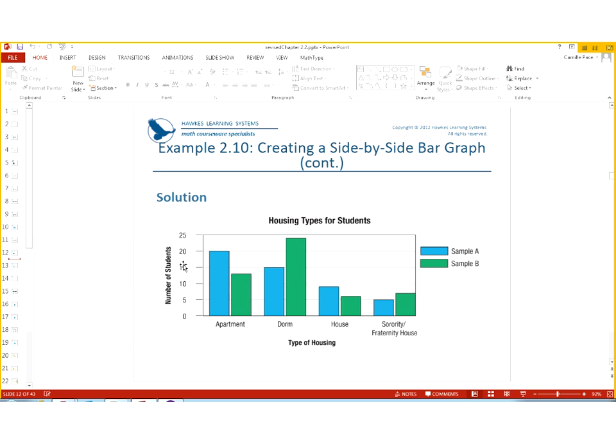Again, my x-axis is type of housing, and my y-axis is number of students. So I could ask questions based on this. Which class had the highest number of people living in dorms? Well, that would be sample B. Which class had the least number of people living in sorority fraternity houses? And that would be A.